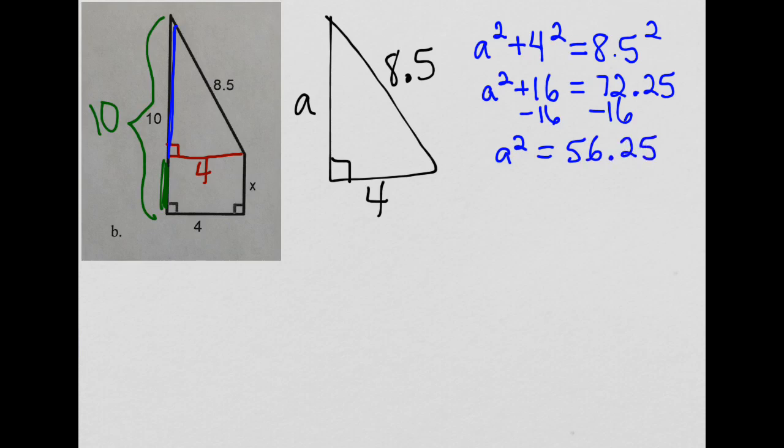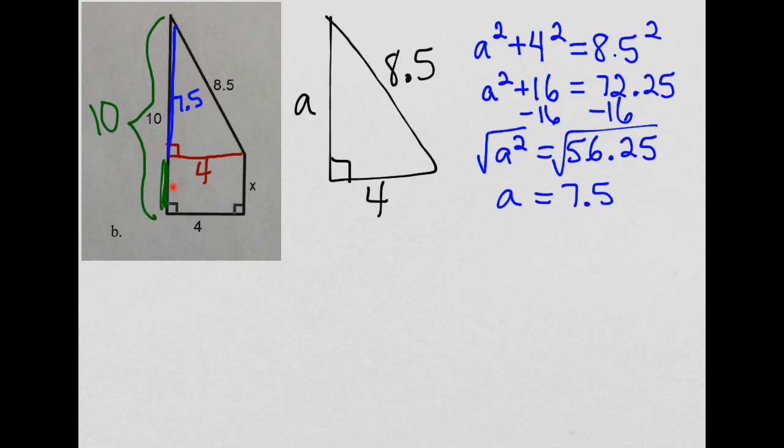And then to get rid of the square on the a, we need to take the square root. So we'll square root both sides. And my calculator gives 7.5. Alright, so this blue length right here is 7.5.